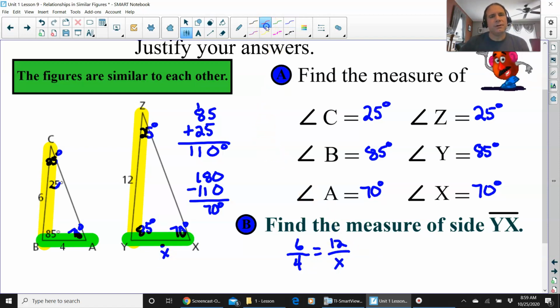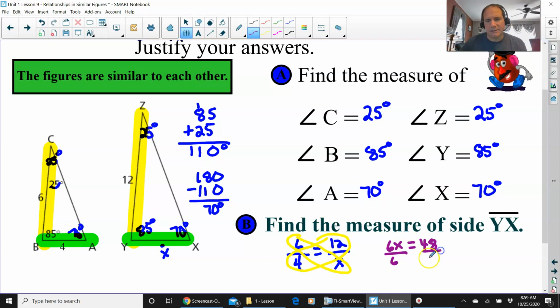So you are supposed to cross multiply, and hopefully you did already, and you're just watching to make sure that you did this correctly. Let's see. We have 6 times X, which is 6X. 12 times 4, which is 48. Divide by 6, divide by 6.